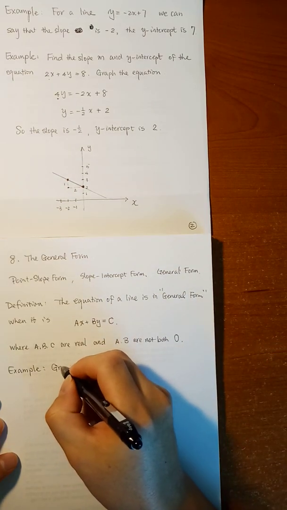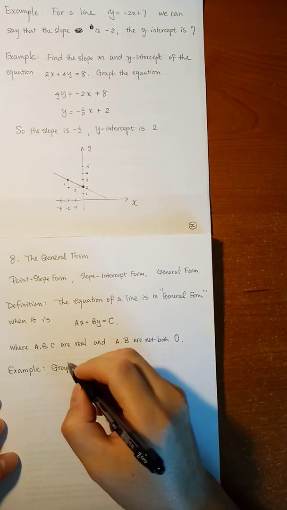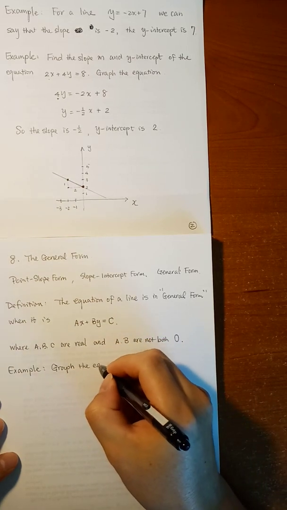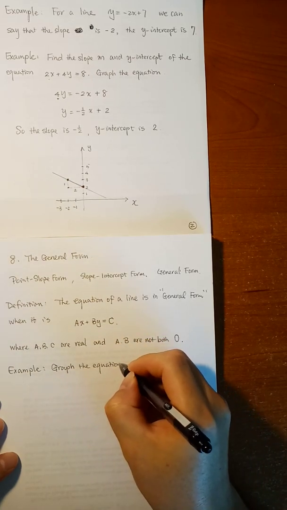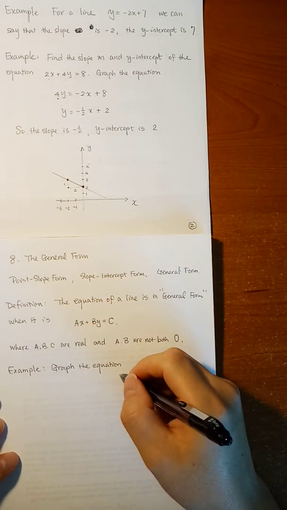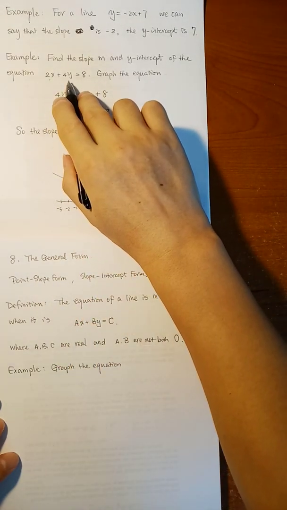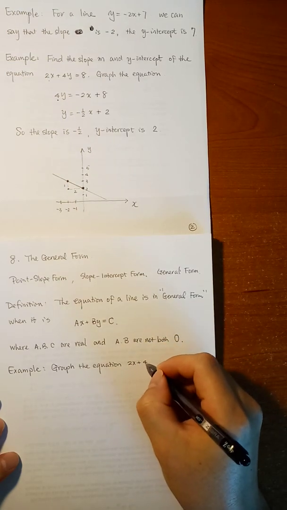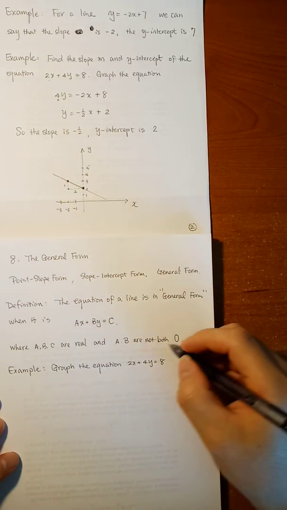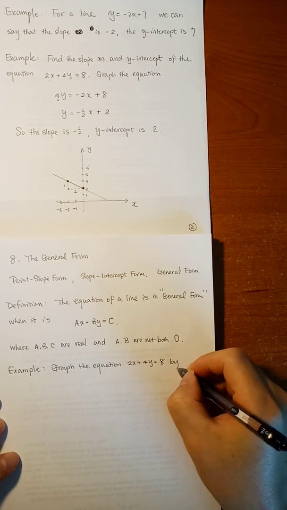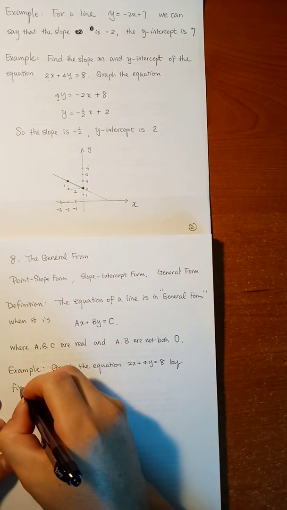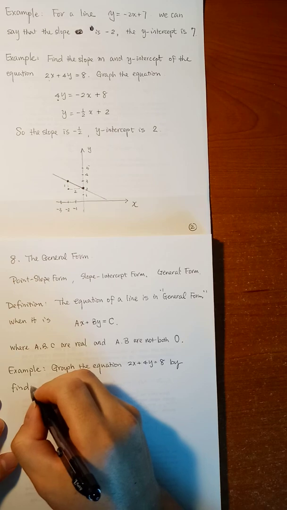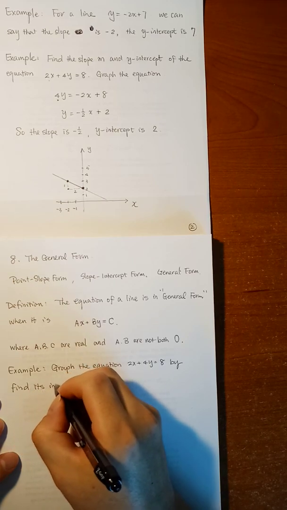Graph the equation, same equation, 2x plus 4y equal to 8, by finding intercepts.